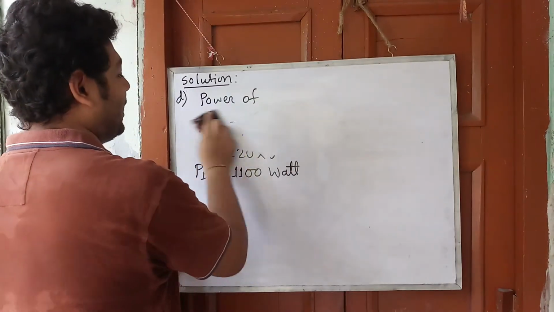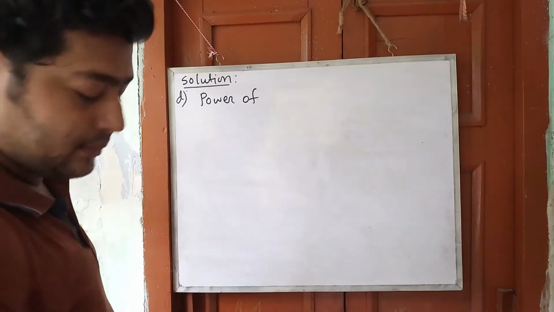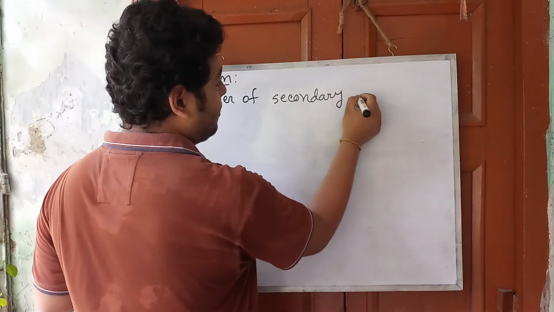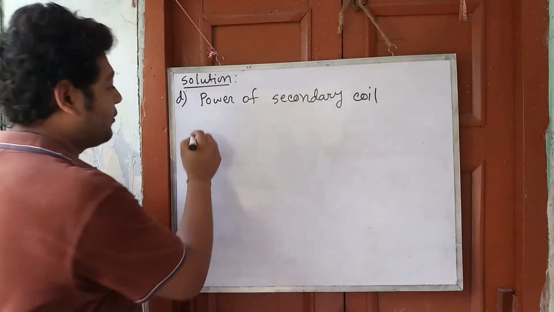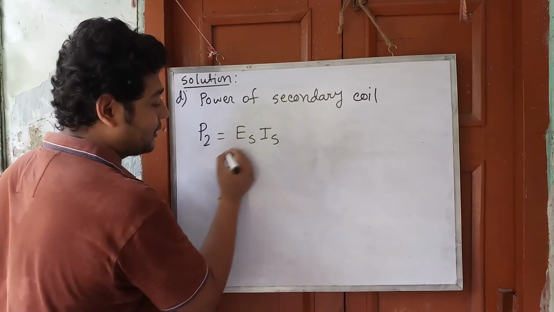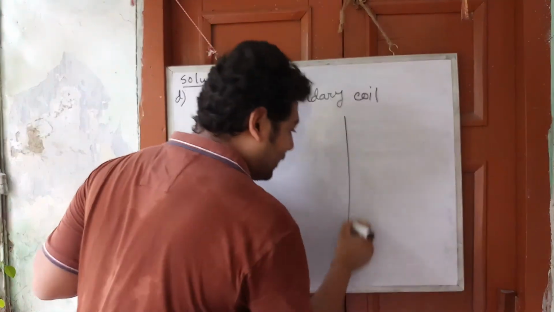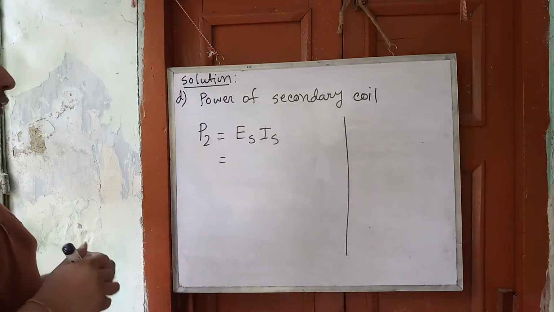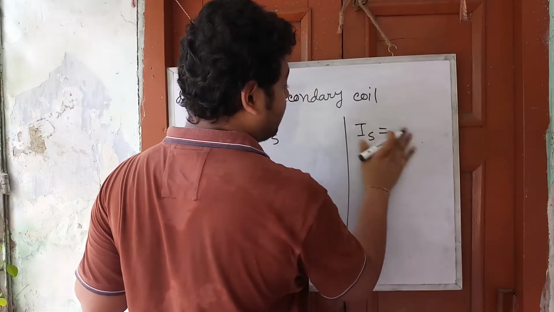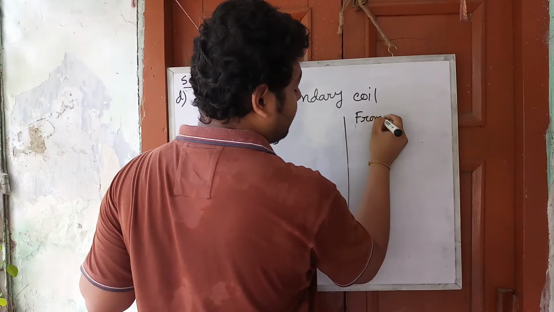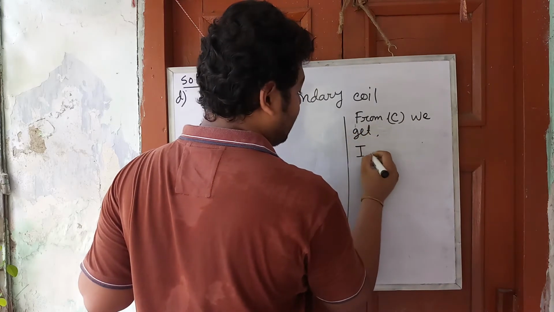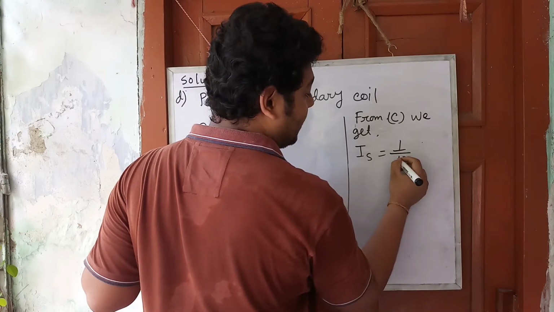Then we will calculate for secondary coil. Power of secondary coil, the formula is P2 equal to ES into IS. So in our solution from C, we get IS is equal to 1 by 10.